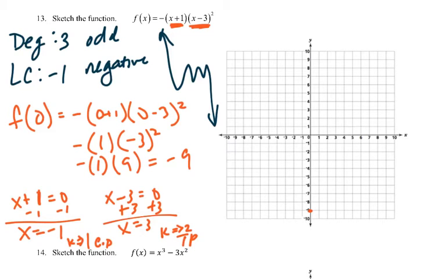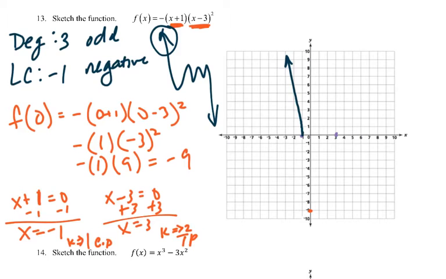So I'm going to plot those x-intercepts. We have x equals negative 1 and x equals positive 3. Looking at our end behavior, it should be rising on the left, and so therefore I'm going to have, from this point, I'm going to have it going upwards.